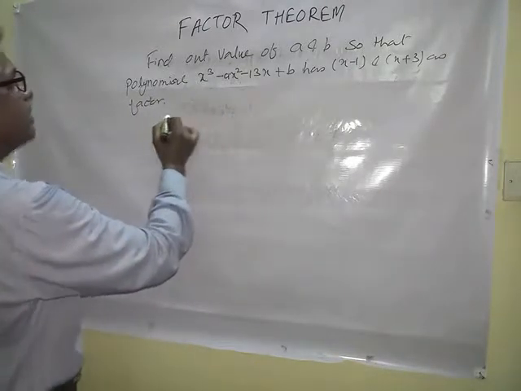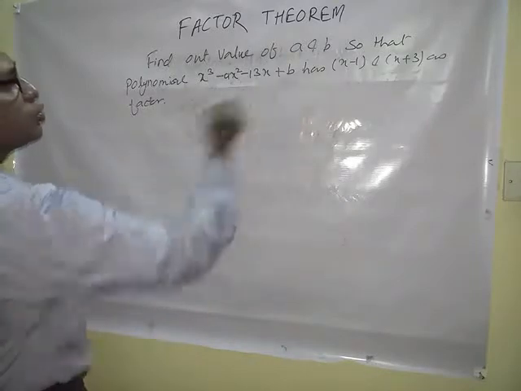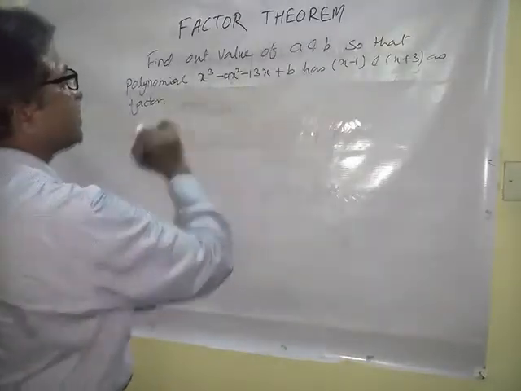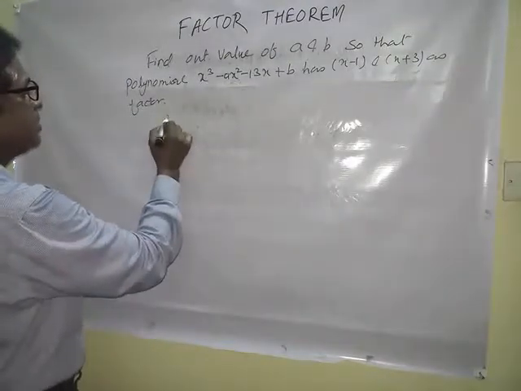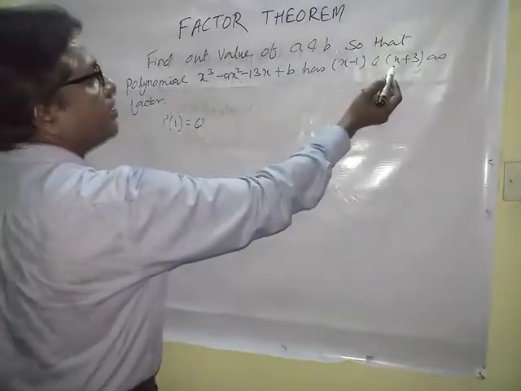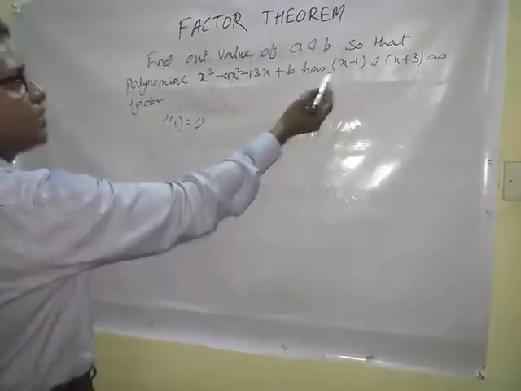Again you will write down the same thing. Let P(x) be equal to so and so. If x minus 1 is a factor of P(x), then P(1) equal to 0, since it is given.